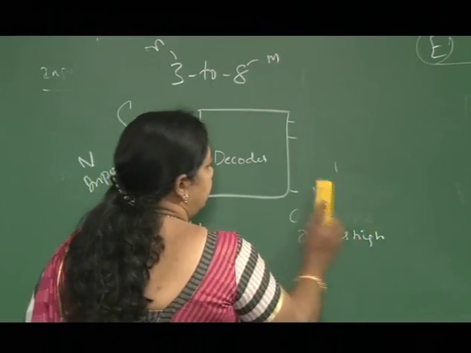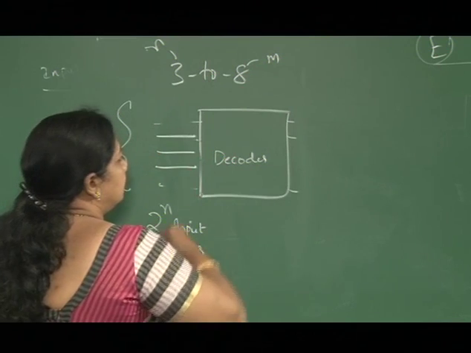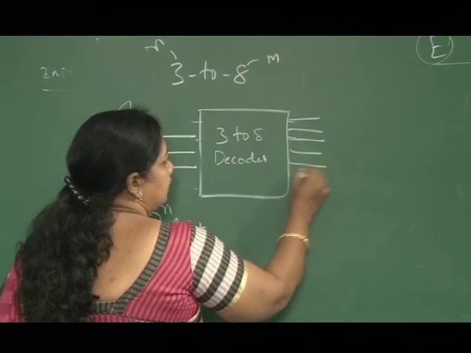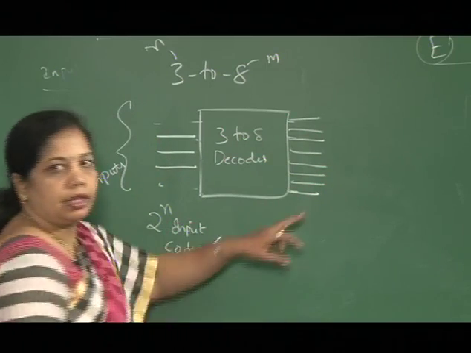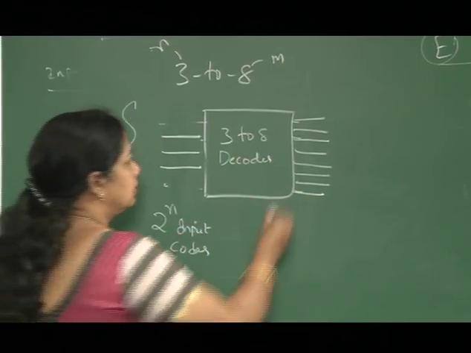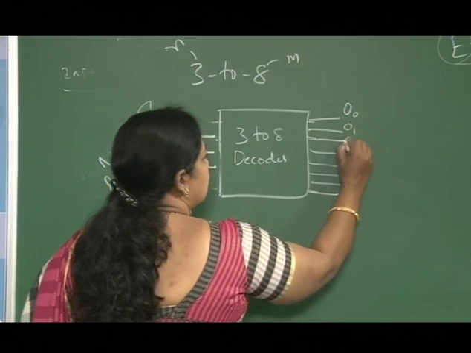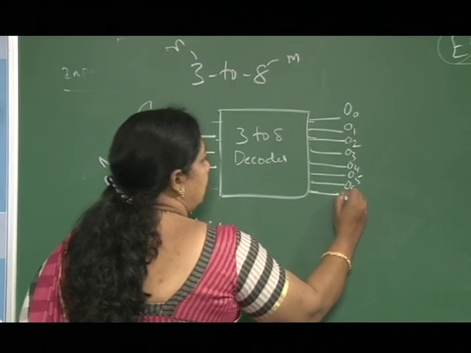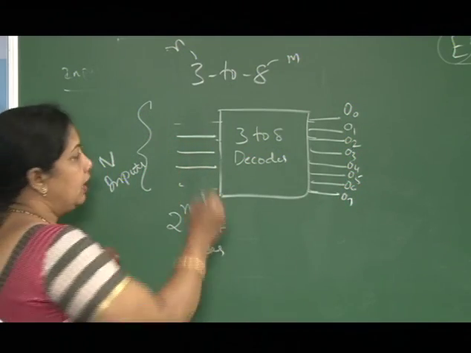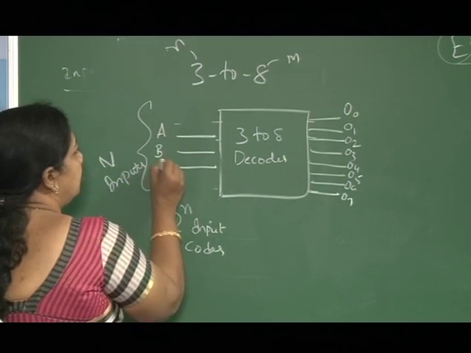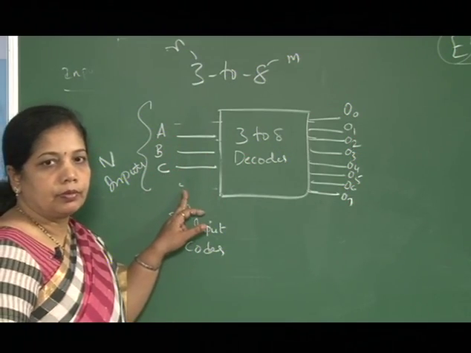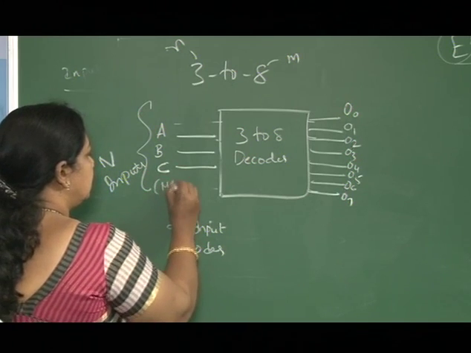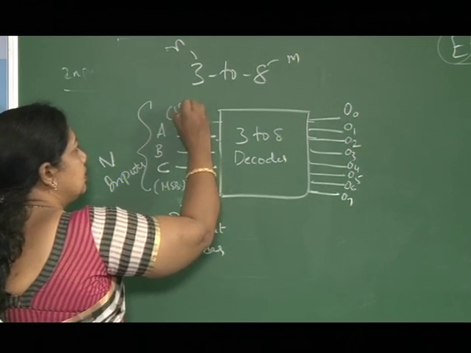So we have here 8 output lines, O0, O1, O2 up to O7. We have inputs A, B and C. So this C represents MSB and A represents LSB.